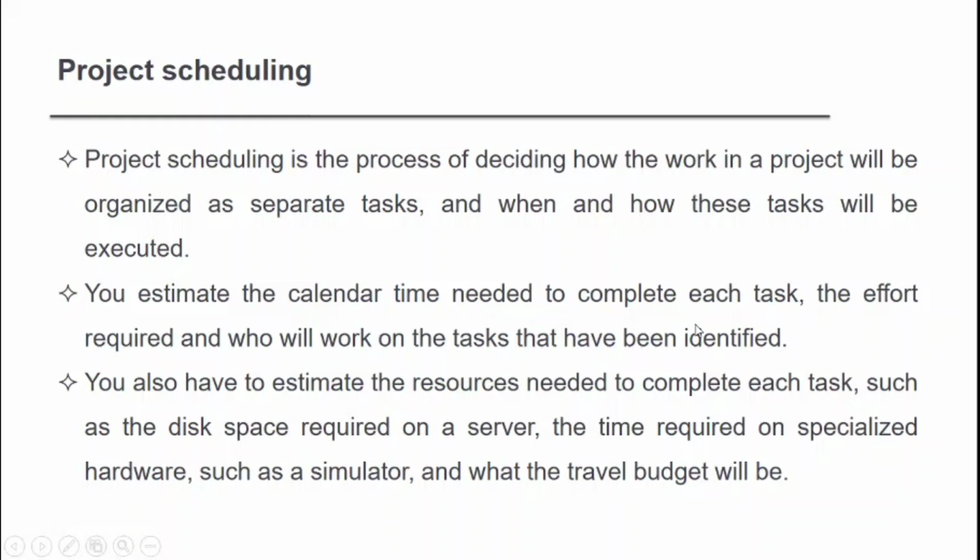You also have to estimate the resources needed to complete each task, such as disk space required on a server, the time required on specialized hardware such as simulators, and the travel budget.